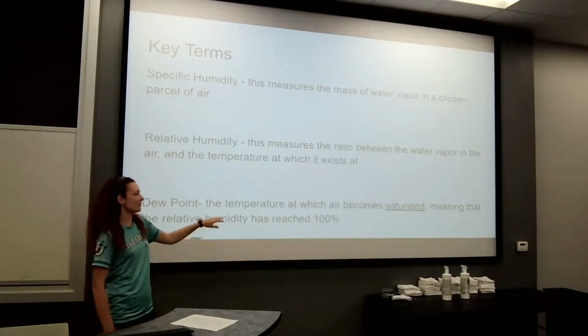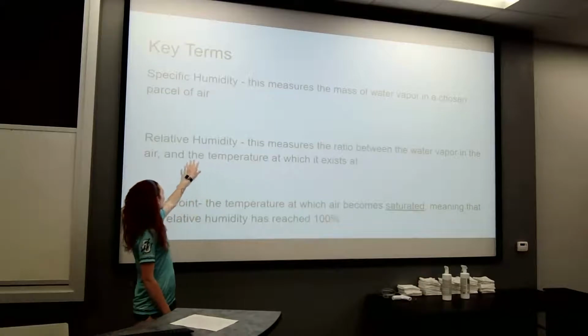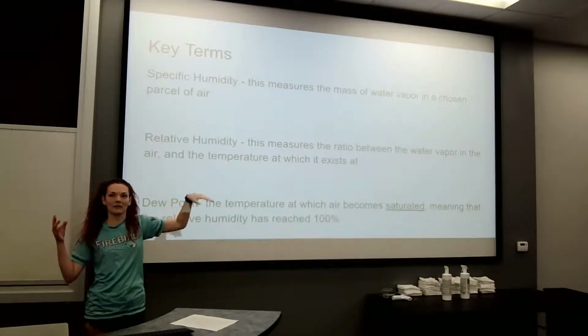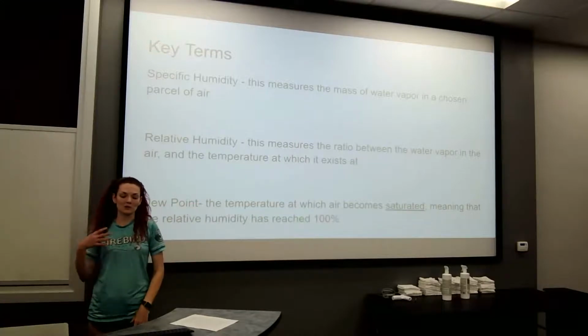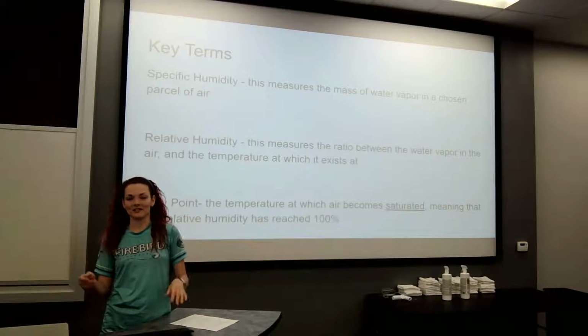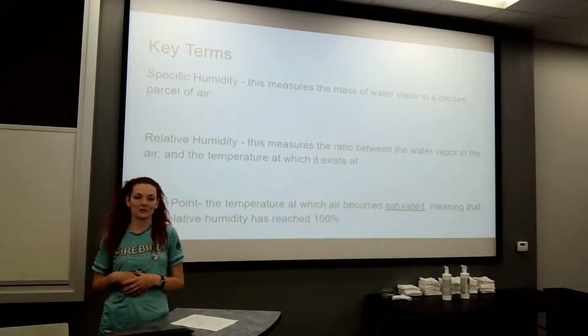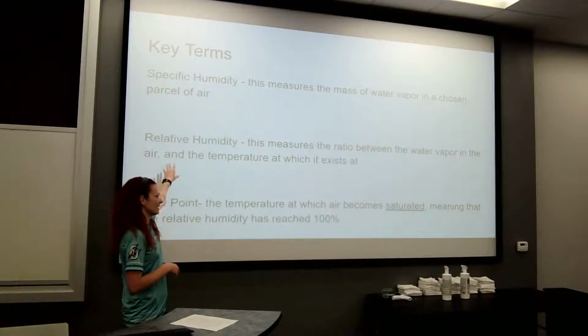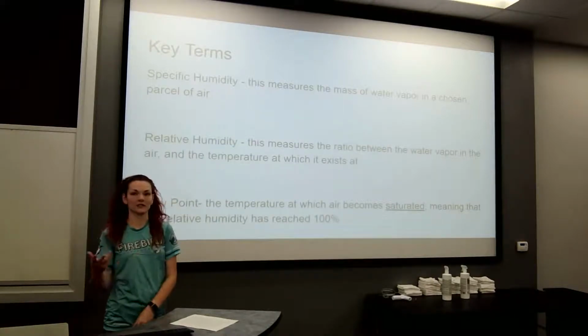And so that is the ratio between the water vapor and the air, the ratio between the water vapor and the temperature. So how much water vapor there is, and also at what temperature it's at. So, the hotter it is, of course, the more humid it is, and it's sticky and muggy. So that's our relative humidity. That's what, again, the Weather Channel is telling you.